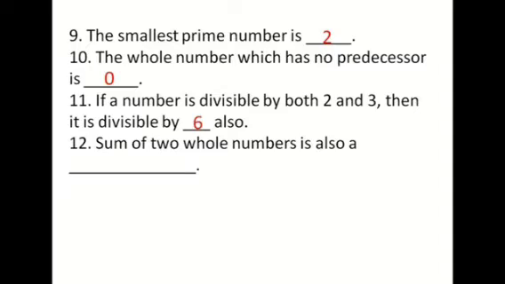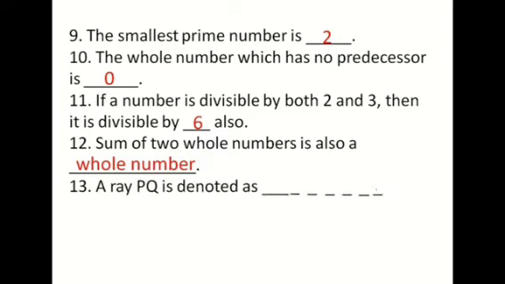Next, go for question number 12. Sum of 2 whole numbers is also a whole number. 13. A ray PQ is denoted as. The symbol of ray you have to write along with PQ. How to? PQ, on the top you have to draw a small arrow.